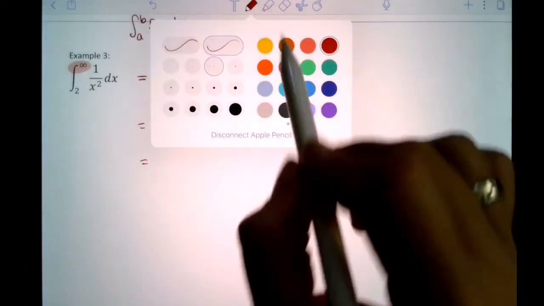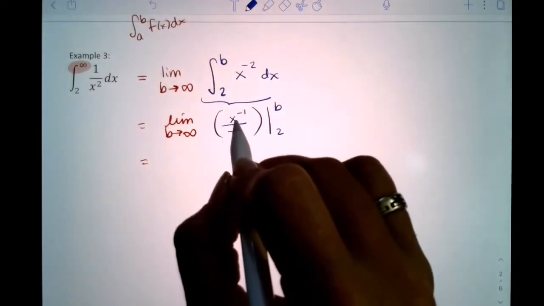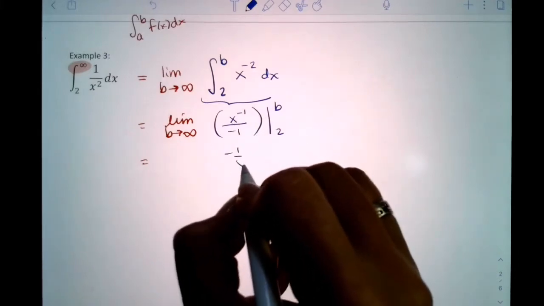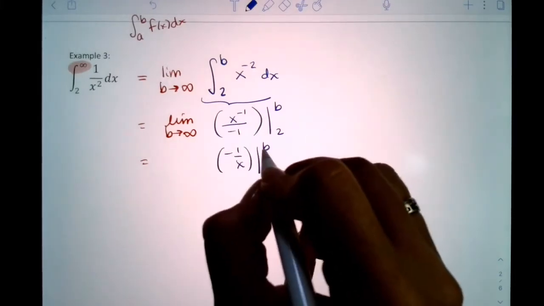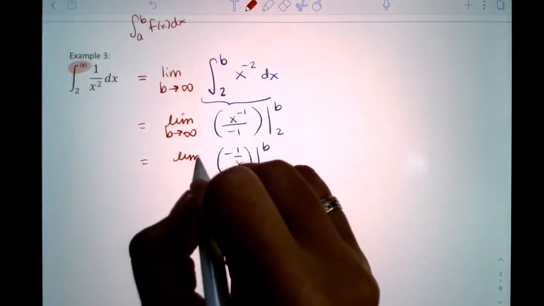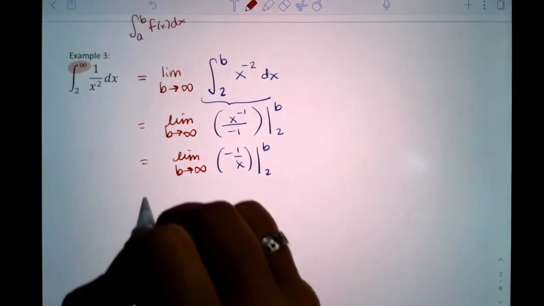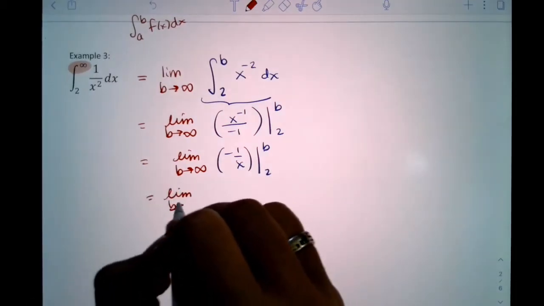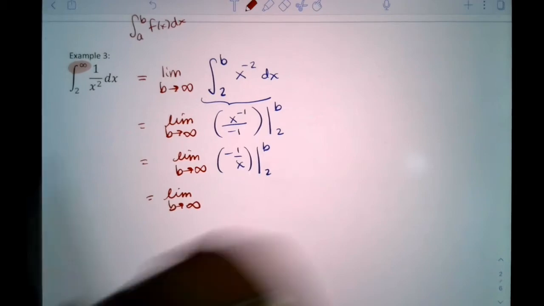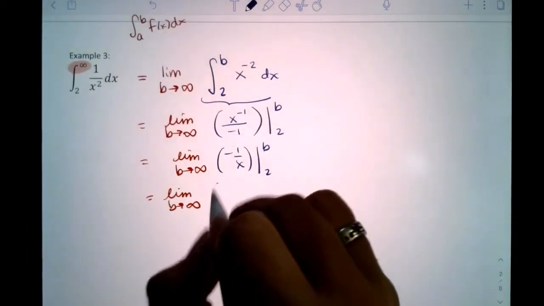What I'm going to do is switch over here and rewrite this as negative 1 over x. I feel like that's easier for me when I eventually go to evaluating the fundamental theorem of calculus here. So again, this limit notation just drags along this whole process, but you're really pretending like everything is fine and there's no problem anywhere.